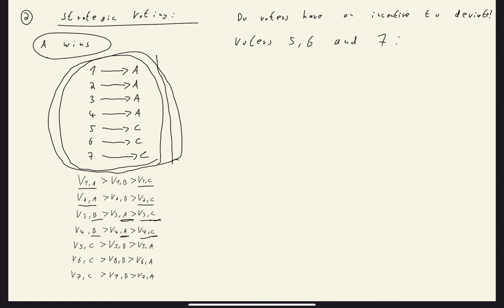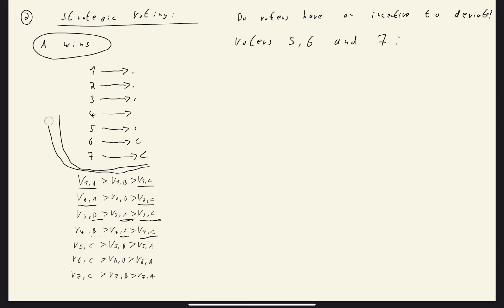So now we are considering the following. Now we want B to be winning, and it should be strategic voting.